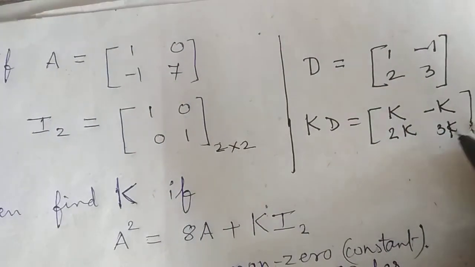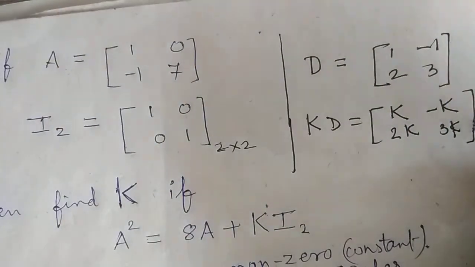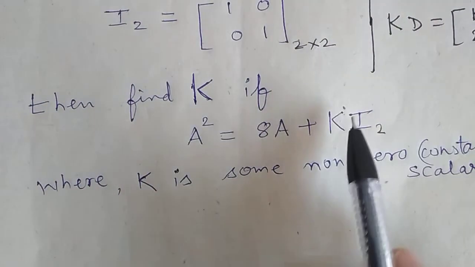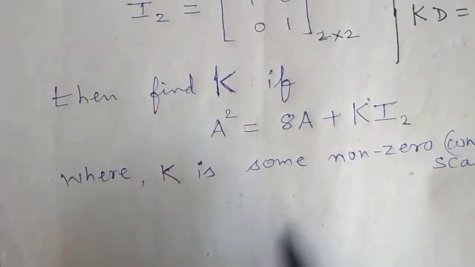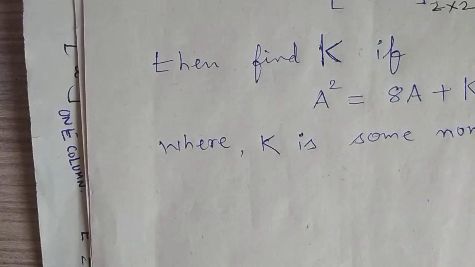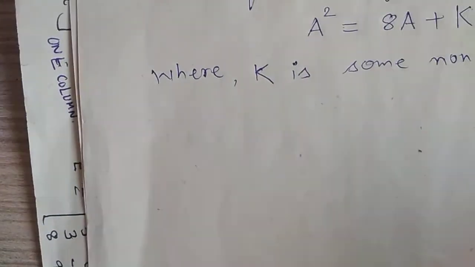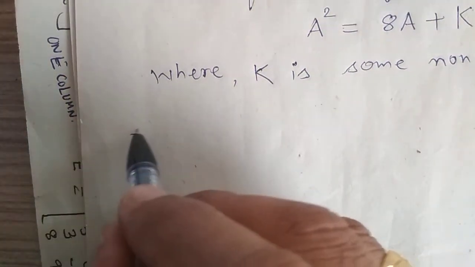On similar lines, we can also calculate k times I2 and 8 times A with the help of scalar multiplication, and A squared with the help of matrix multiplication. So write the solution.